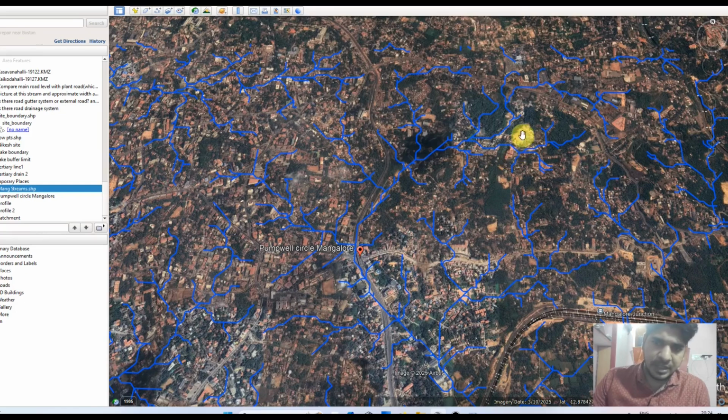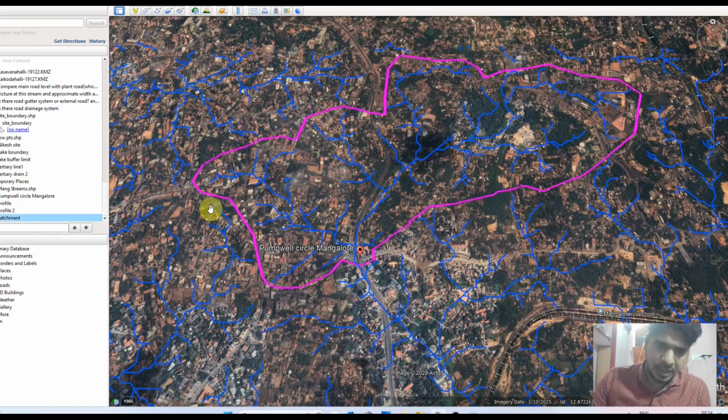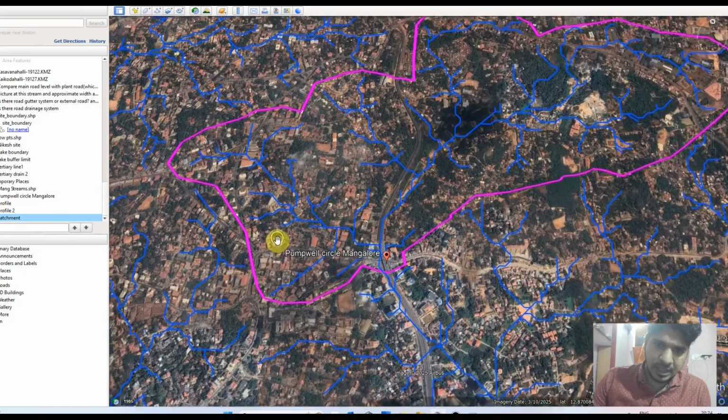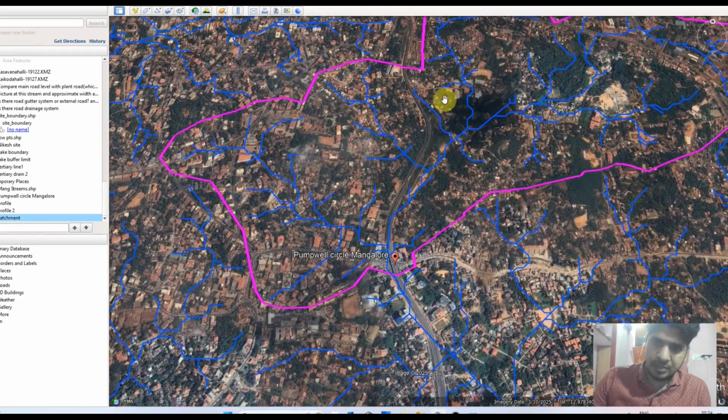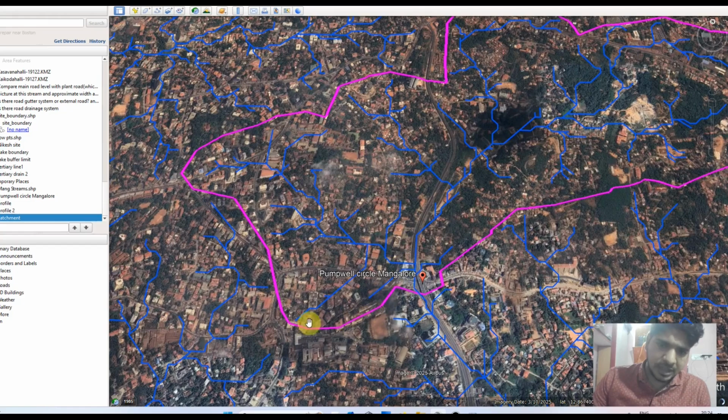Catchment is the area within which all the rainfall contributes to the discharge of the flow, or the rainwater. You can see this purple color line is the area limit of that stream, the catchment I have drawn.